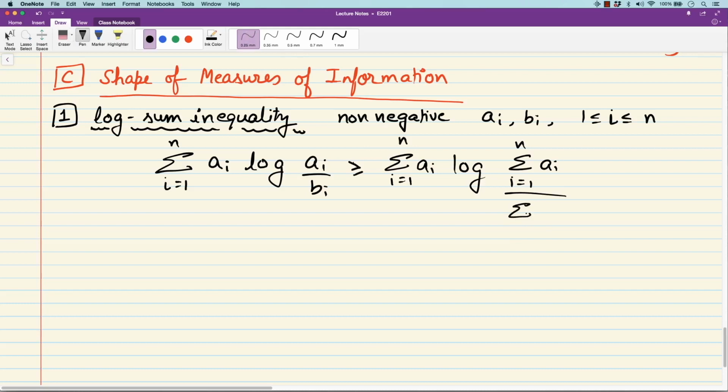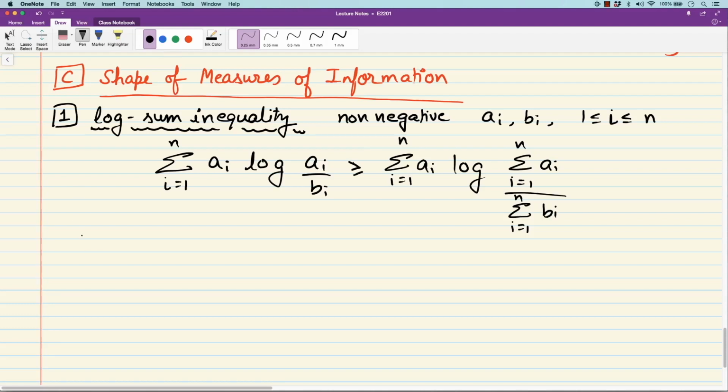So essentially you can take the sum inside and that will only reduce the quantity. We'll prove this inequality now.